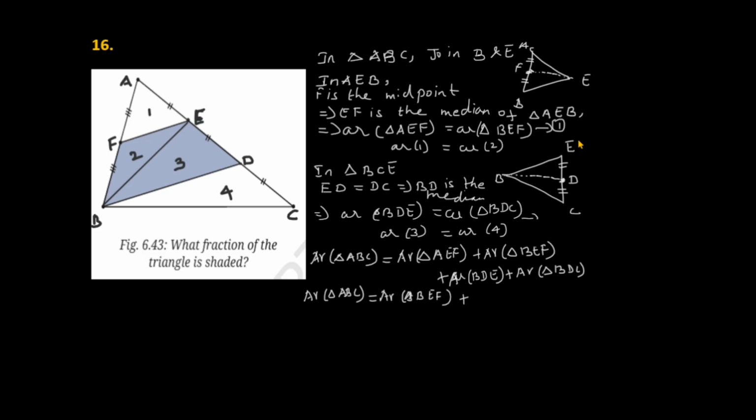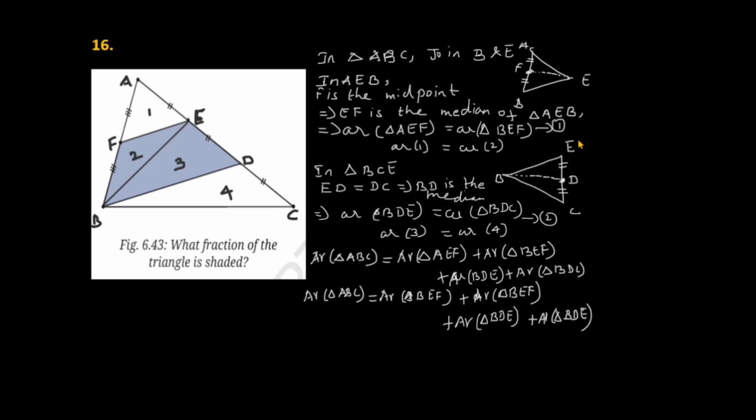So by 2 we can replace, area of triangle BEF as it is. Area of BDE we can keep as it is, area of triangle BDE. Then area of triangle BDC we can replace using the second equation, again BDE.